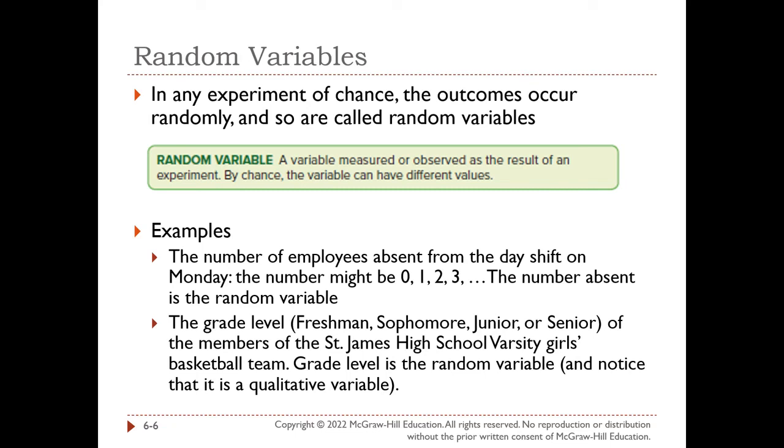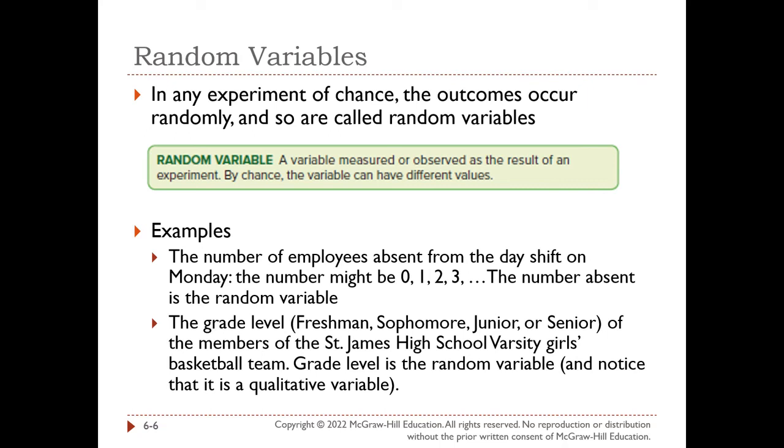So, an example they can provide for us is the number of employees absent from a day shift on a Monday. That number can vary. So, it can be 0, 1, 2, 3, so forth and so on. It's a random variable. We do not know this for sure.